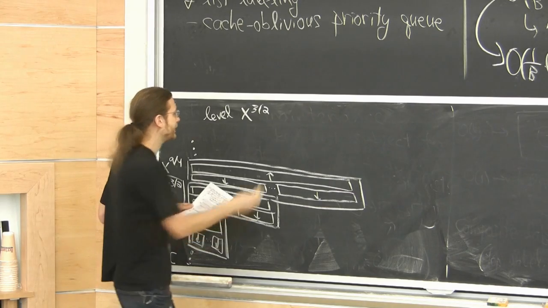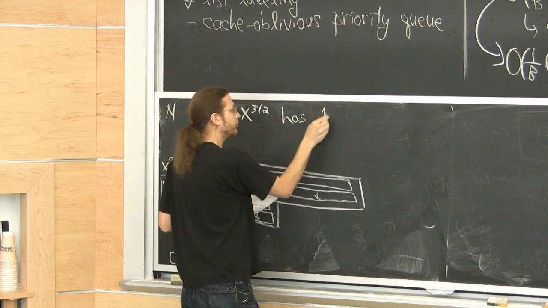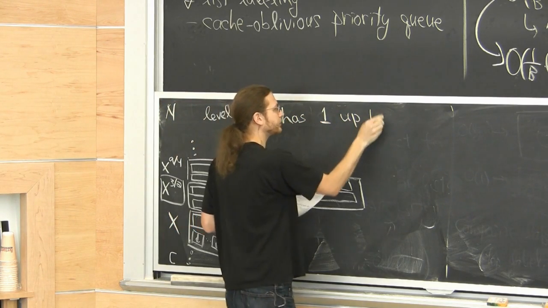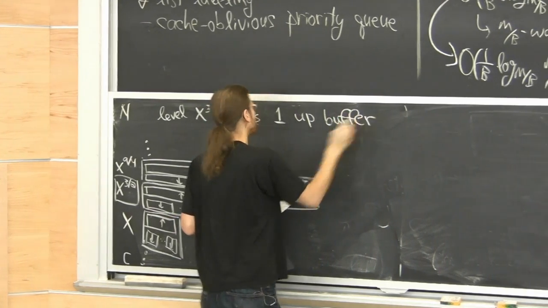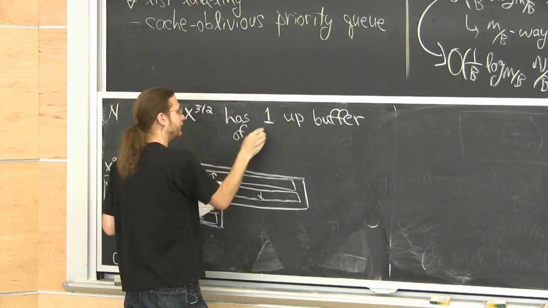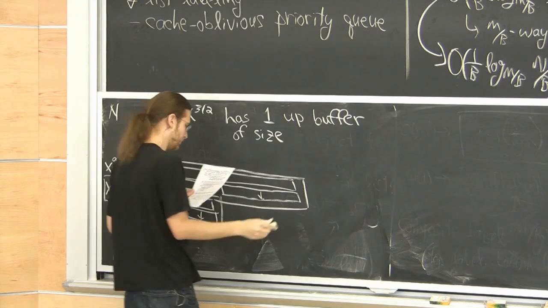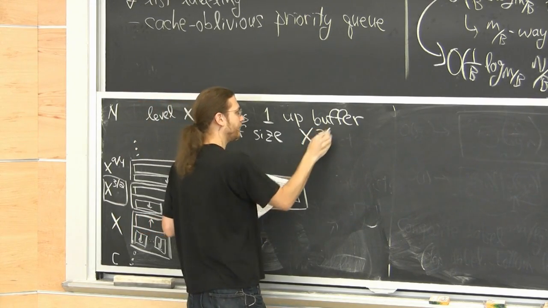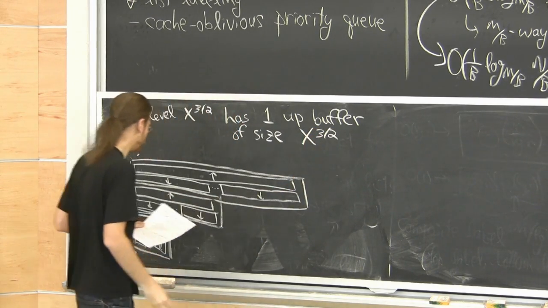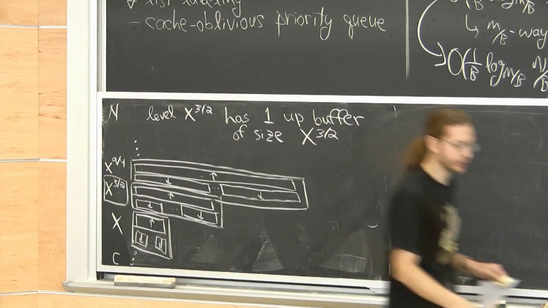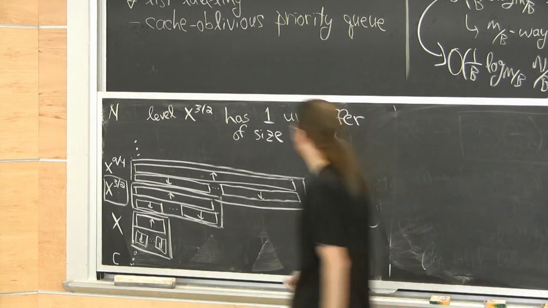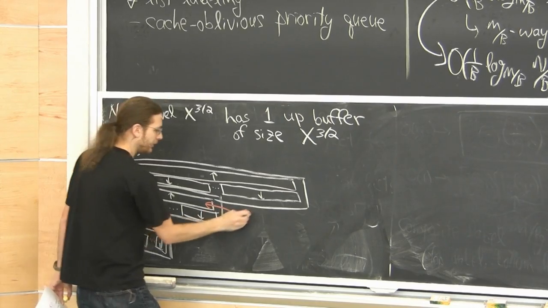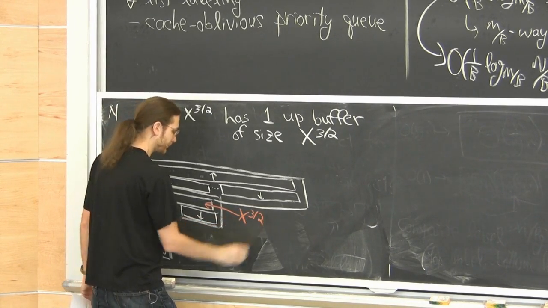Easily. There's always one up buffer of size x to the 3/2. So this buffer here is x to the 3/2.